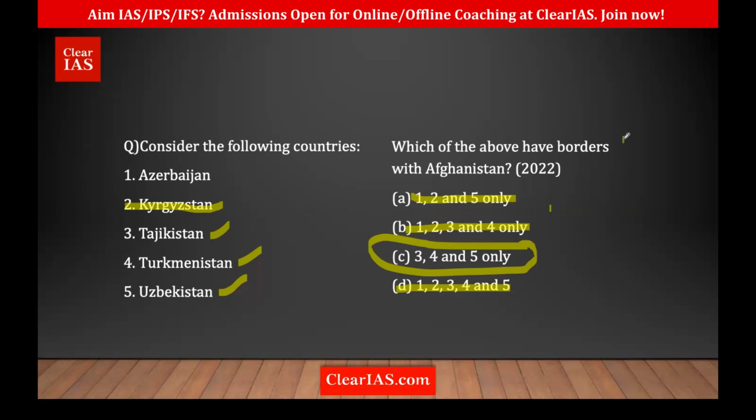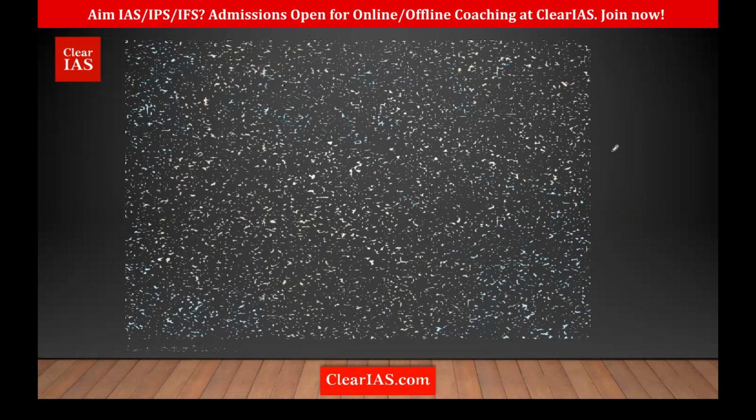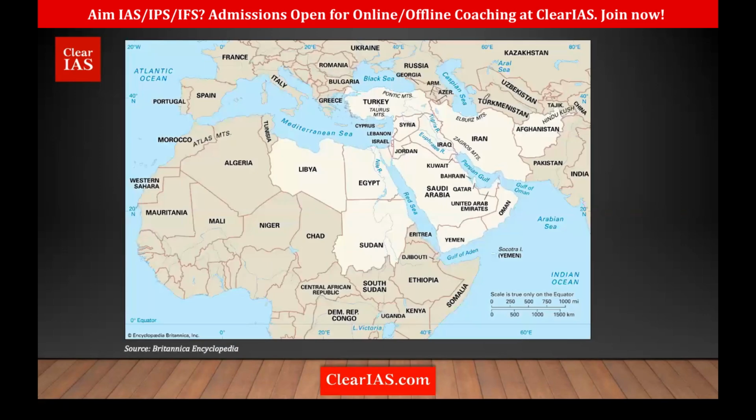Okay. So let's move on. Now we'll move on to the next important region, that is the Middle Eastern countries. So when we talk about the Middle East, remember this whole area constitutes the Middle East.